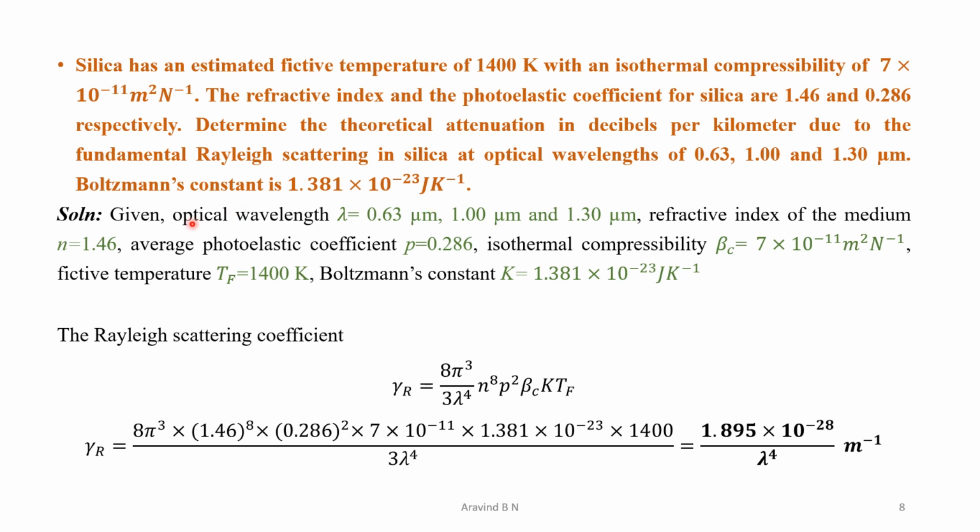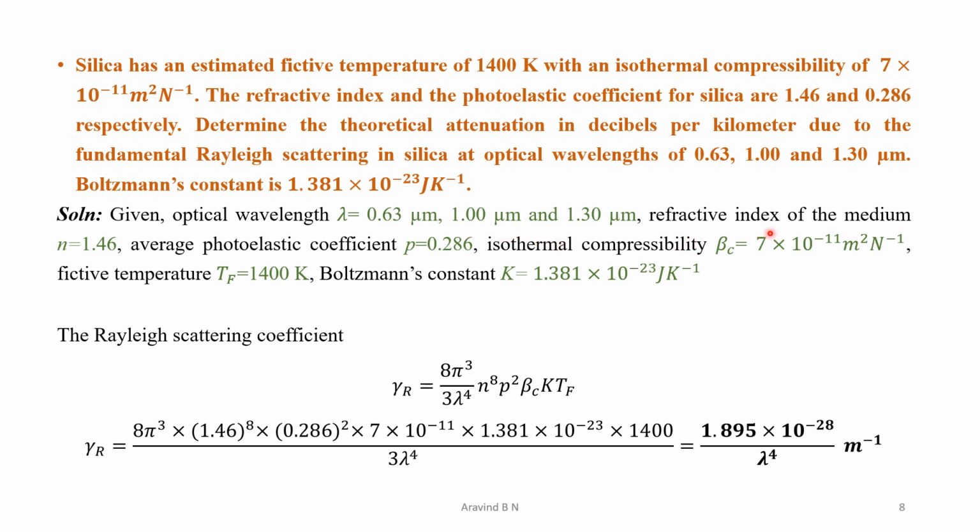Now let us note down the given parameters. Three different optical wavelengths are being given, that is lambda is equal to 0.63 micrometer, then 1.0 micrometer and 1.30 micrometer. And we need to calculate the attenuation in decibels with respect to each of these lambda values.